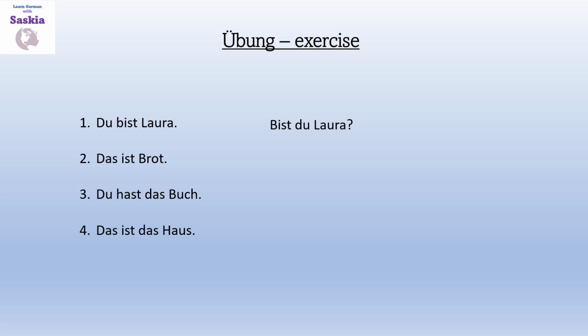So du bist, which is our subject and our verb, we would switch them around and everything stays the same, only those two words change. So we ask, bist du Laura? To ask for, are you Laura? So we don't want to say you are Laura, but we want to say, are you Laura? So du bist Laura is getting into bist du Laura as a question, are you Laura? Bist du Laura?